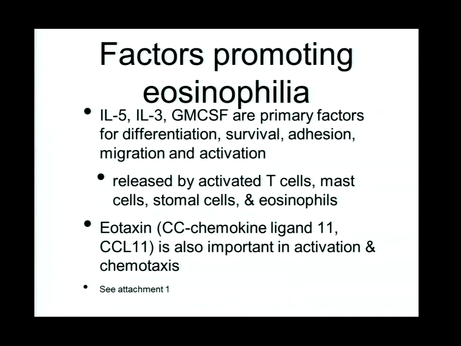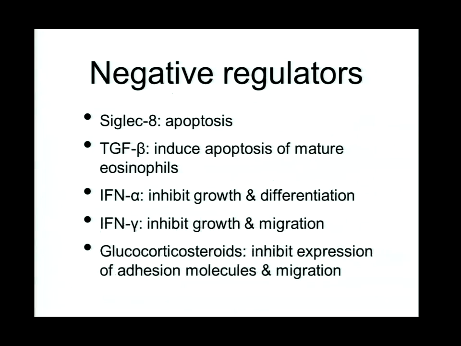IL-5, IL-3, and GM-CSF are usually released by activated T cells, mast cells, stromal cells, eosinophils, as well as numerous other cells. And another chemokine that's important is eotaxin.